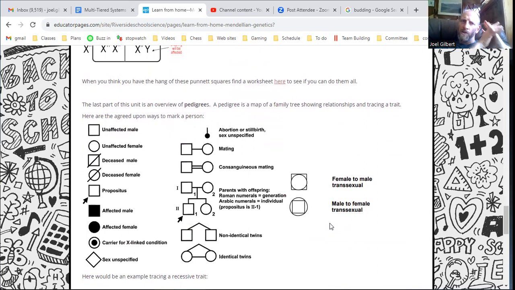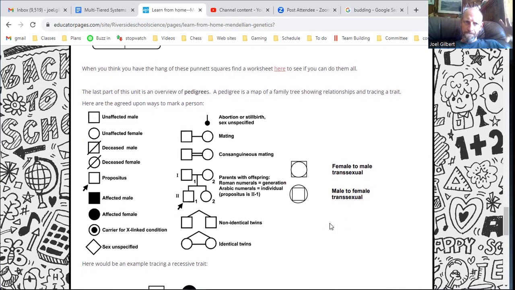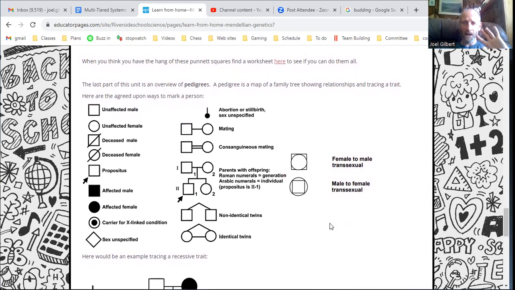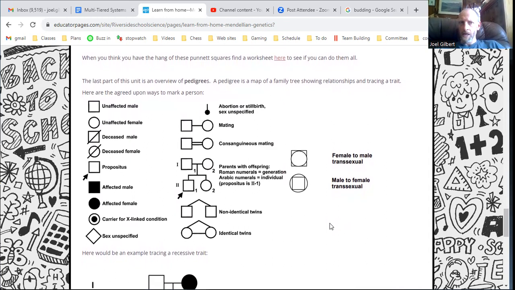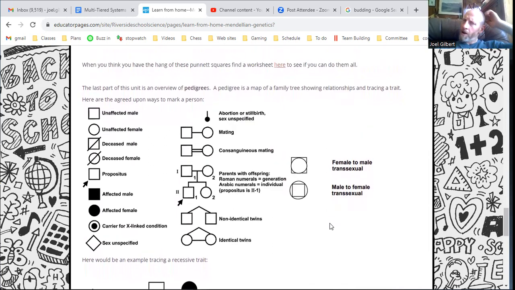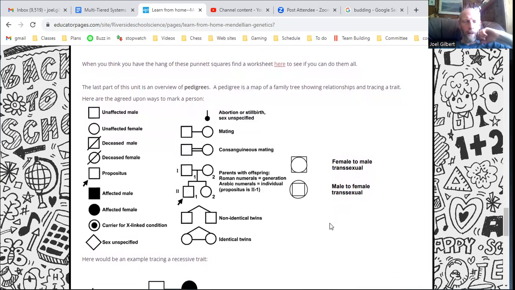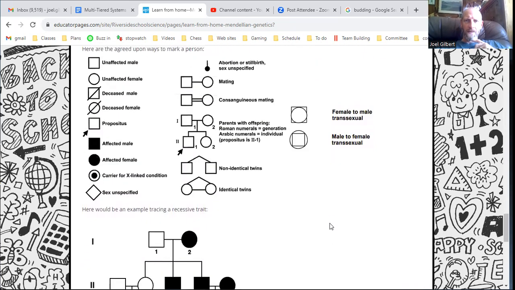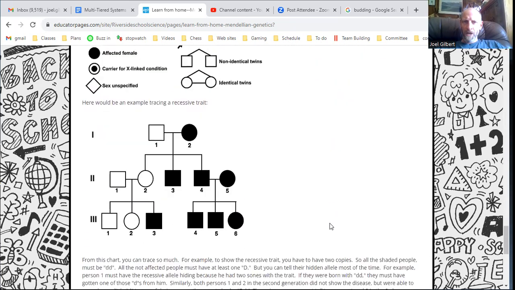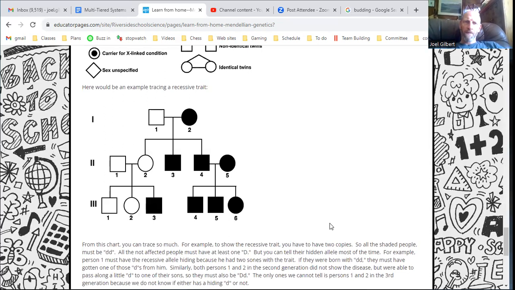The last thing is what's called a pedigree. I will post a second video just on how to do pedigrees. Actually, I'll post a video on how to do Punnett squares as well. But we can trace traits. Looking at this trait, you know that it has to be recessive because this person shows it and neither parent has it, so it had to have hidden.